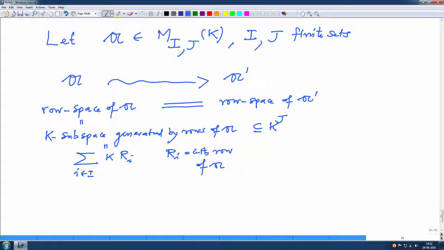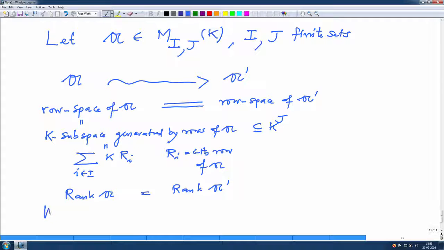That means I want to get more zeros in the matrix entries of A prime. So if the row space does not change, then the ranks will be equal. And then go and get simpler. That is the strategy. And what are the row operations we are considering?